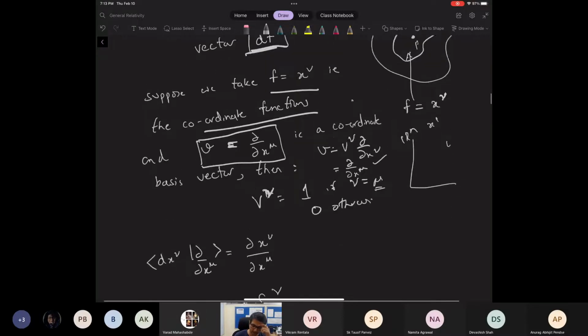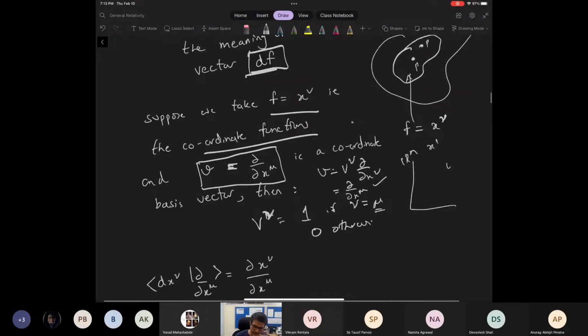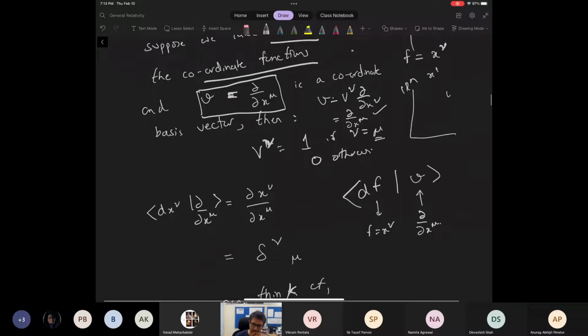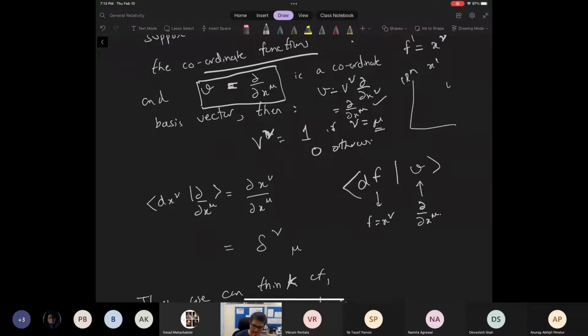And now what we're going to do is ask what is df, for this particular f, that is f is equal to x nu, acting on this particular vector v, where v is partial x mu. So let's work out this particular case. I'm just plugging in for f as x nu and writing it as dx nu. I'm plugging in for v as partial x mu.